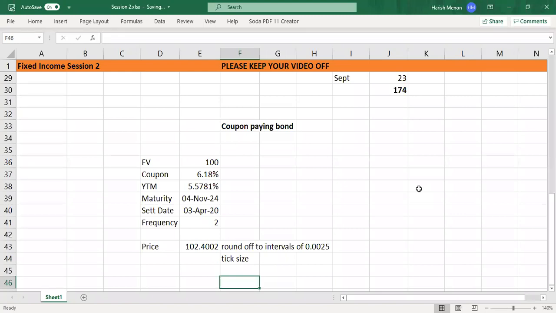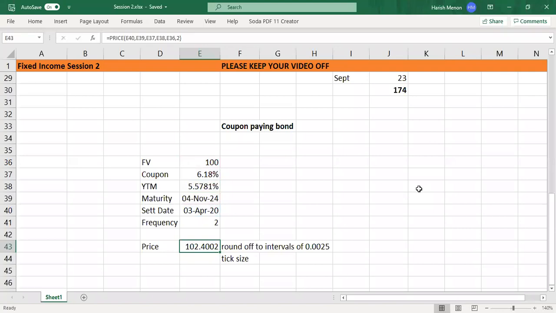We round off everything to 0.0025. So this price is actually 102.4002. But we did not see that. We saw 102.4. Why? Because we round it off to the nearest multiple of 0.0025, then 0.005, 0.0075. So the prices keep on fluctuating. You can see this is the price.